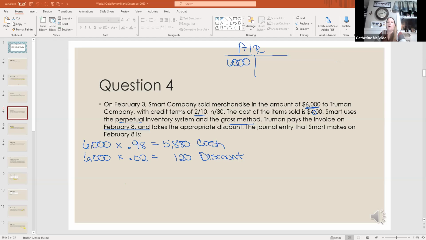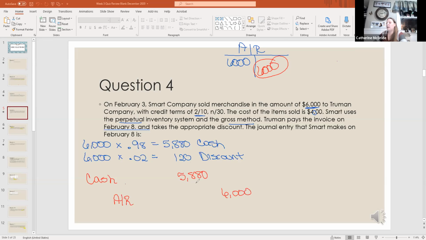So when we look at our journal entry and we start piecing that together, we know that we're going to receive cash because we're the one that sold. We're going to receive cash of $5,880. We know that we have to reduce accounts receivable by the full $6,000 because they're not going to pay us anymore.